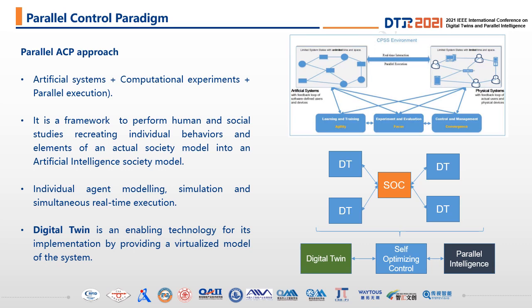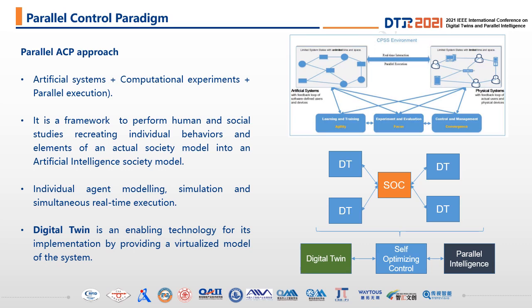This framework is initially used to model social cyber physical systems based on some artificial intelligence models, considering that each subject or individual in the society represents one real-time execution agent of those policies.